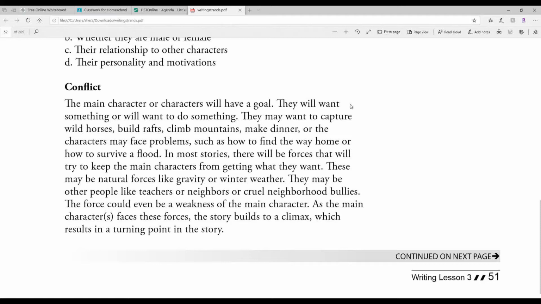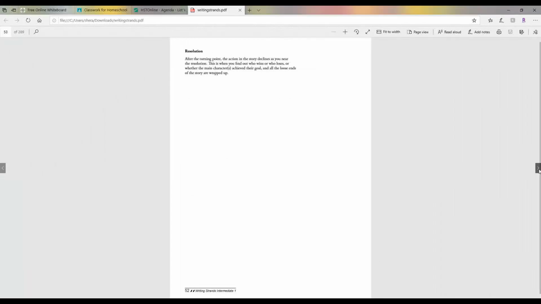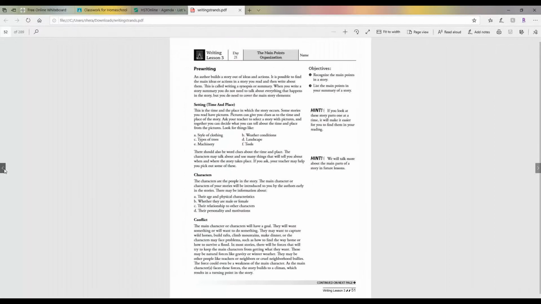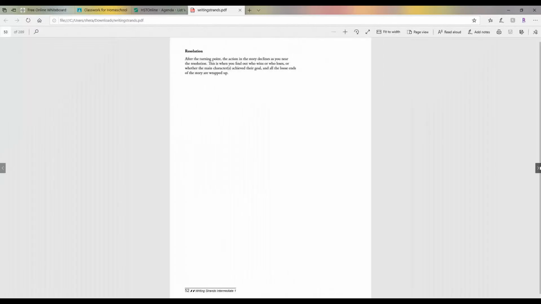These may be natural forces like gravity or winter weather. They might be other people like teachers or neighbors or cruel neighborhood bullies. The force could even be a weakness of the main character. As the main characters face these forces, the story builds to a climax, which results in a turning point in the story. Okay, so let's look at the next page.